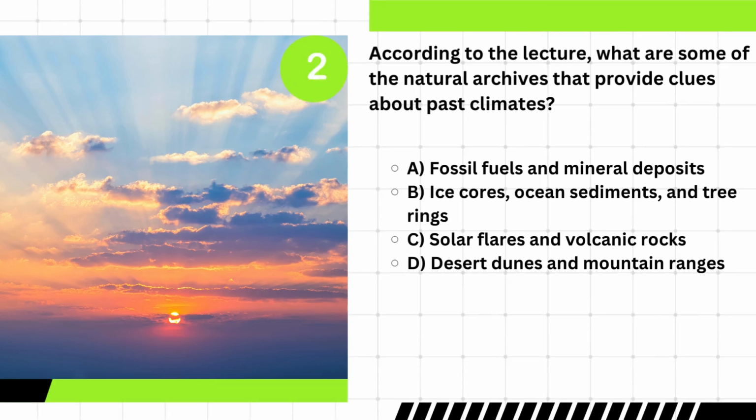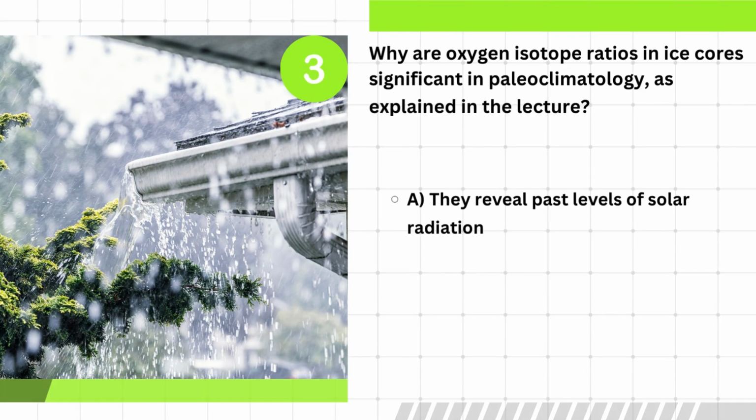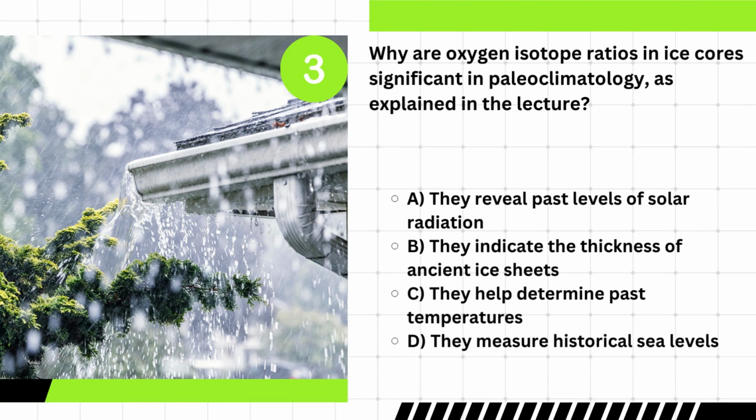According to the lecture, what are some of the natural archives that provide clues about past climates? Three. Why are oxygen isotope ratios in ice cores significant in paleoclimatology, as explained in the lecture?